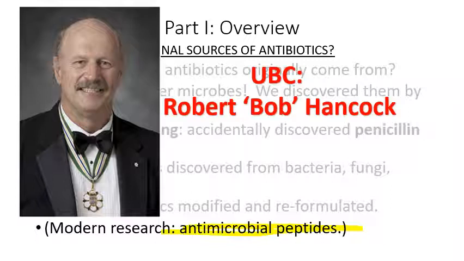And he actually donated, rather than patenting and making a lot of money off of the antimicrobial peptides, he donated them all to the United Nations, donated the knowledge to the World Health Organization, so that everyone in the world can do research on these things that can be used to kill bacteria free of charge, because Bob Hancock was generous enough to donate them to the World Health Organization.